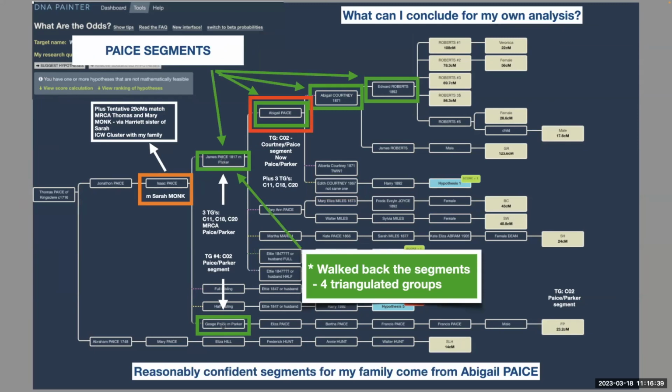And then if I go another step, looking at the same information for my own family, I might not be clear about where Anne fits in, but this chart can be useful for me saying, okay, the centimorgans that I share with Anne, even though I don't know exactly where she fits in, I'm pretty confident they all come from this Abigail Pace where the red box is.